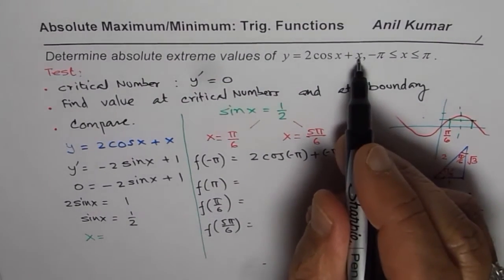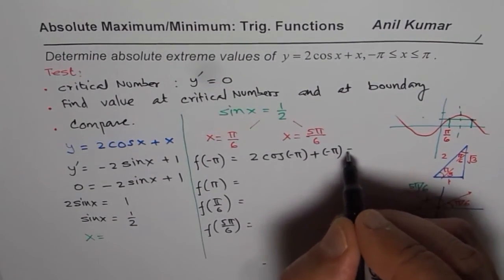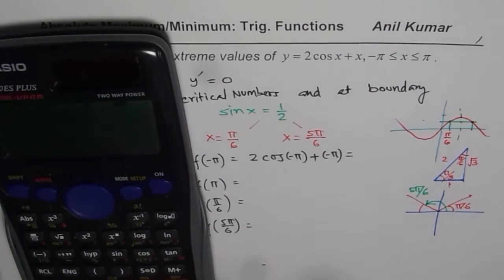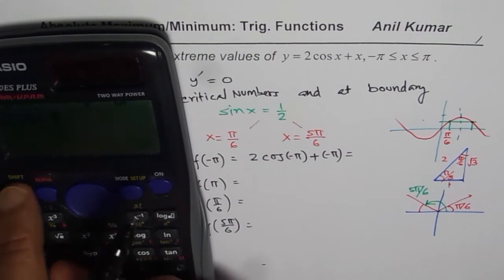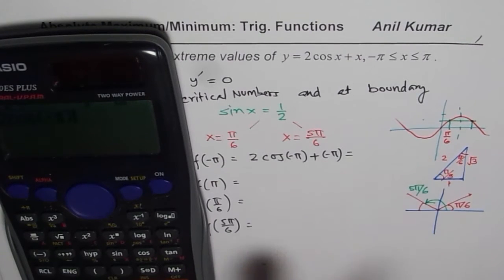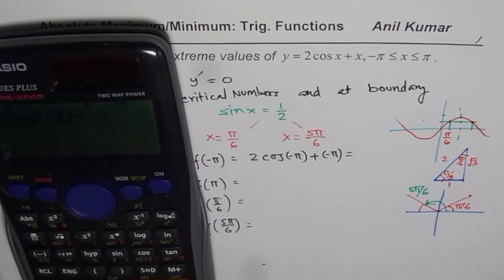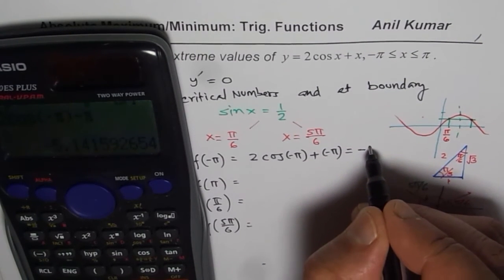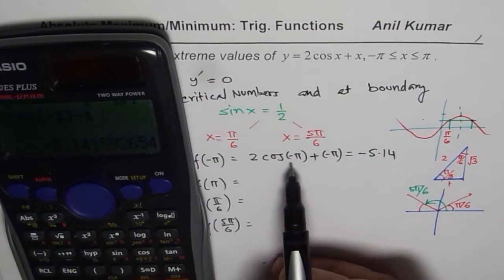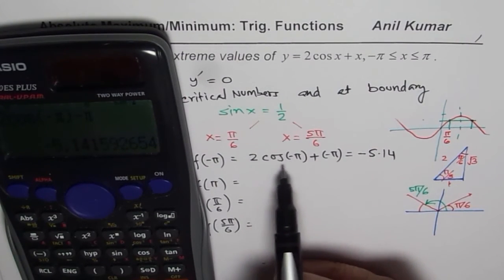Instead of x, we are writing minus pi. Then you can use your calculator to find the answer, and what you get here is minus 5.14.